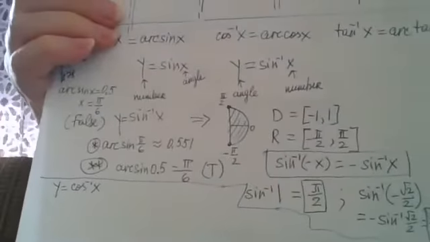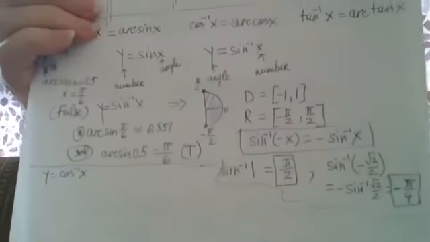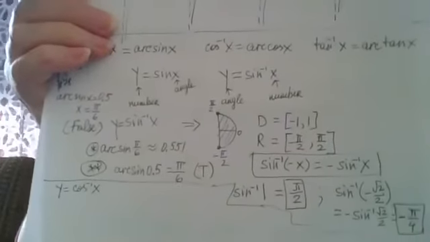I already talked about y equals arc sine x. Right now, I will talk about the next function, which is arc cosine x. So y equals arc cosine x, or you can say inverse cosine x, is another arc function.